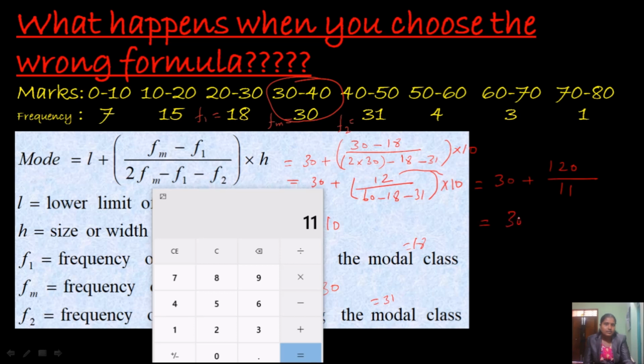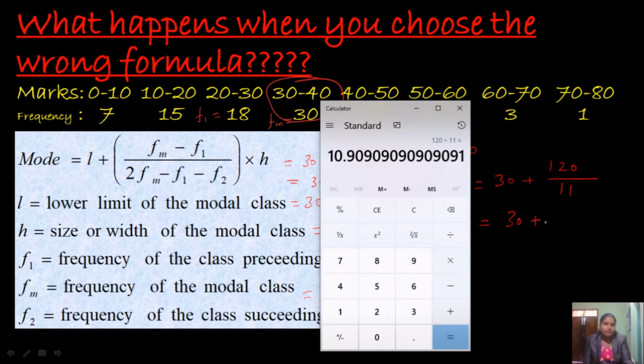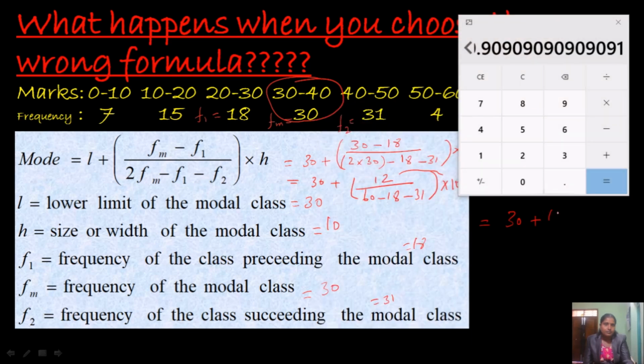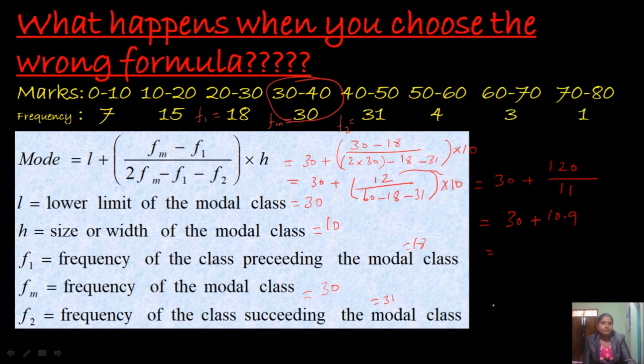That is 30 plus 120 over 11, which is 30 plus 10.9. When you add 30 with 10.9, we get 40.9. This is my mode value.